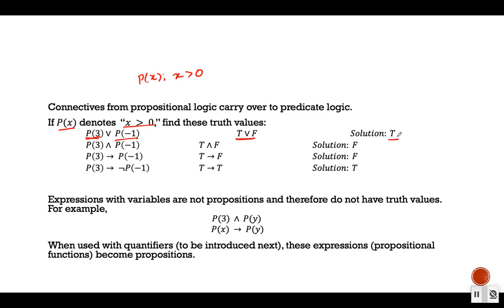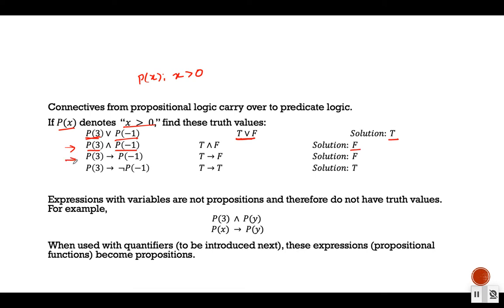Okay, simple actually. If we have multiple statements, we can use them with other connectives. So this one is an and statement, so this one is true, this one evaluates to false, so true and false becomes false.